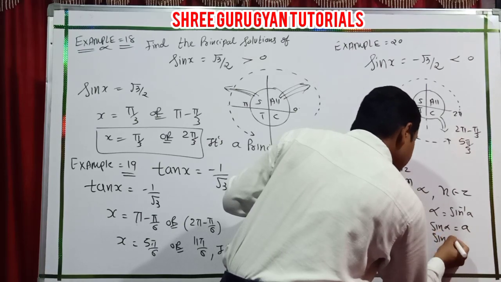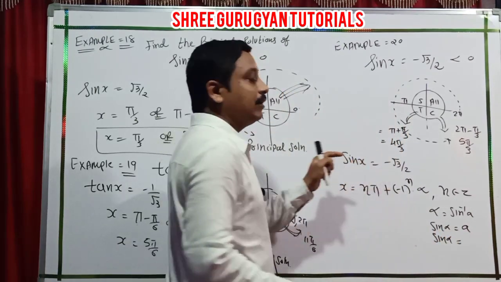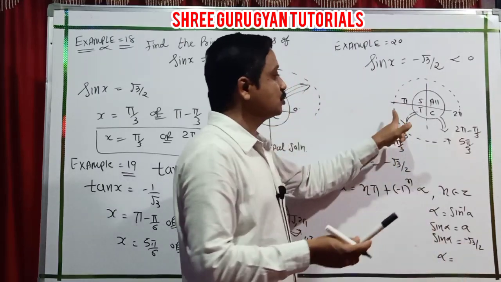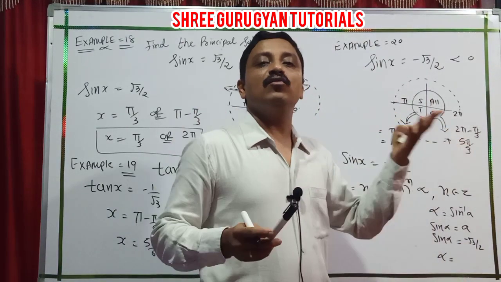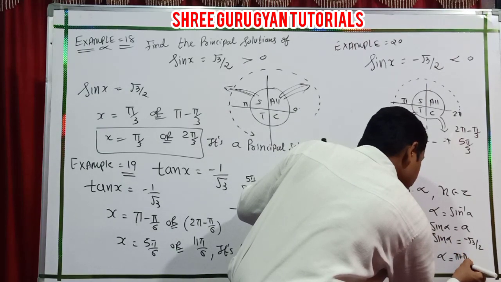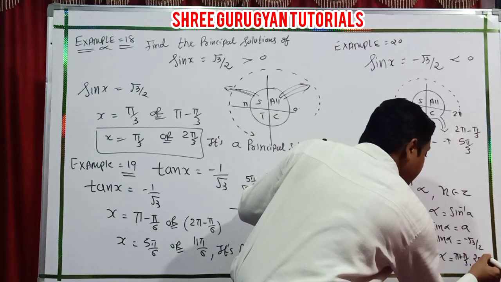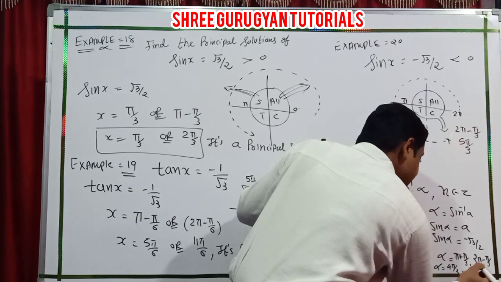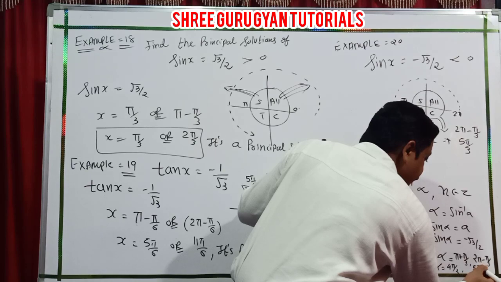And what is a? A is purely the minus root 3 by 2 value, and that value I am showing in the third quadrant or the fourth quadrant. So it is pi plus pi by 3, or 2 pi minus pi by 3. My answer is 4 pi by 3, and secondly here 5 pi by 3.